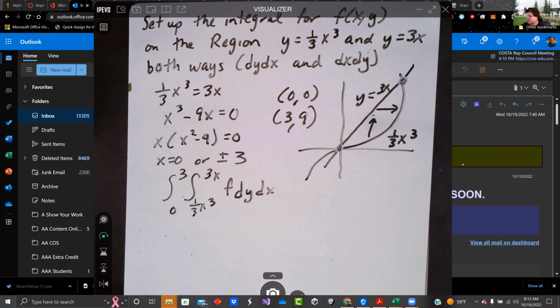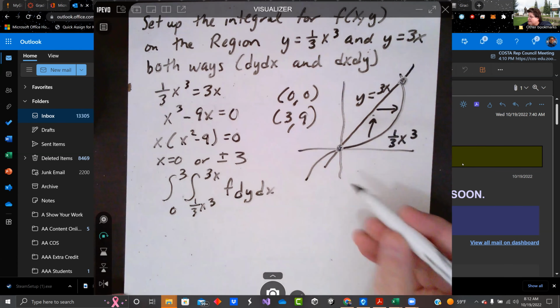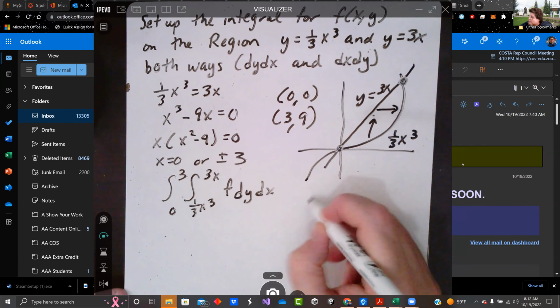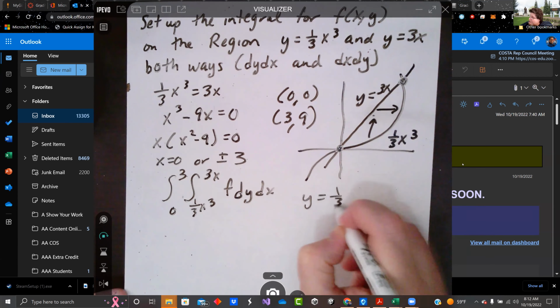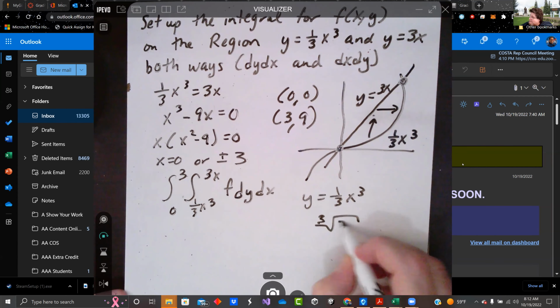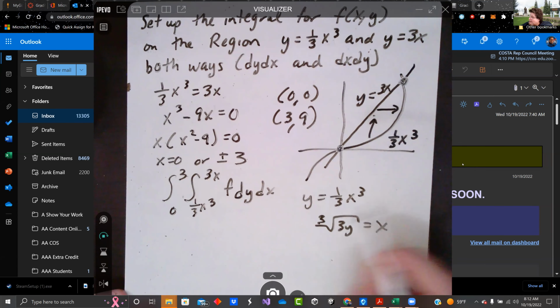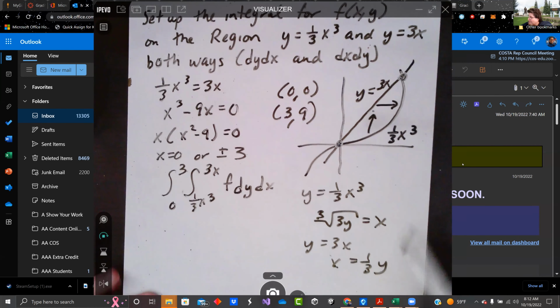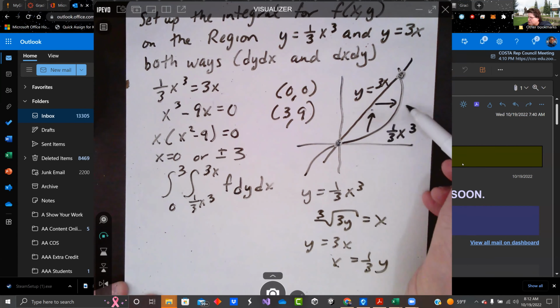And when we want to switch it around, we just need to rewrite these functions up here in terms of x. So y equals 1/3 x cubed becomes x equals the cube root of 3y. And y equals 3x, x is 1/3 y. And we're going from the line to the cubic.